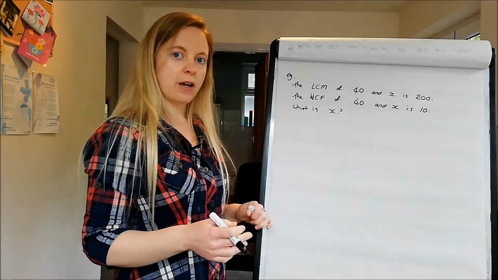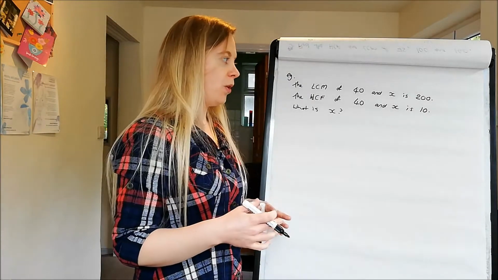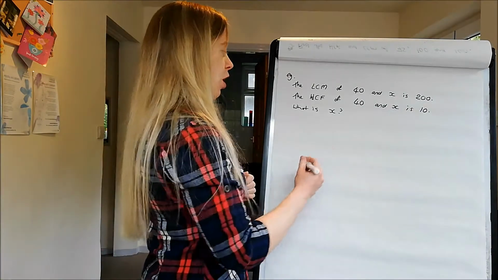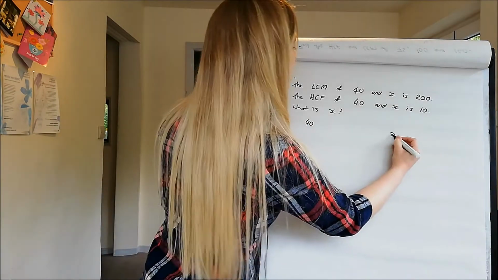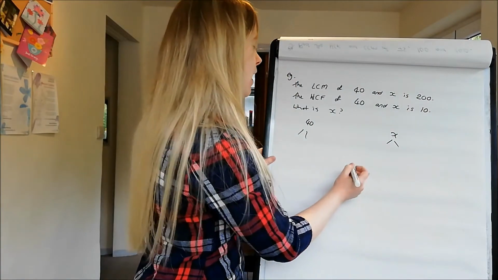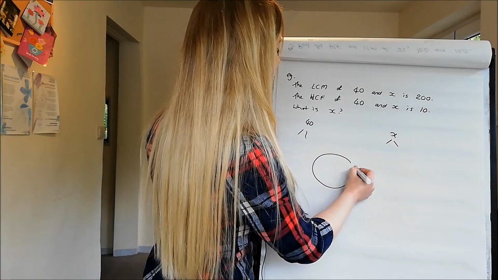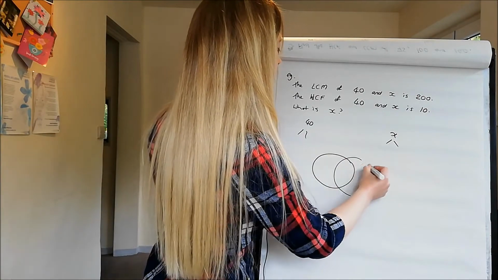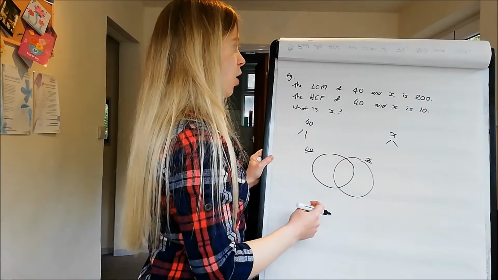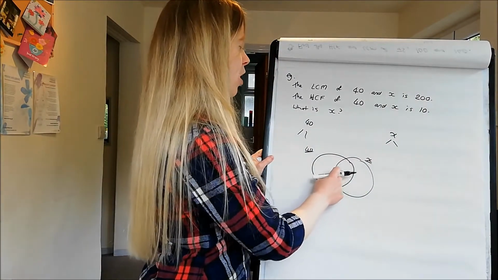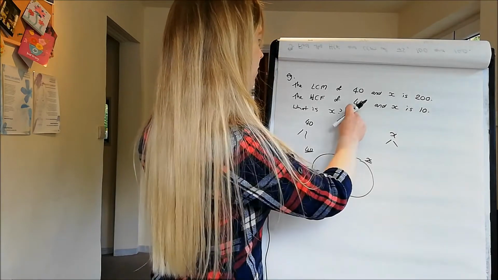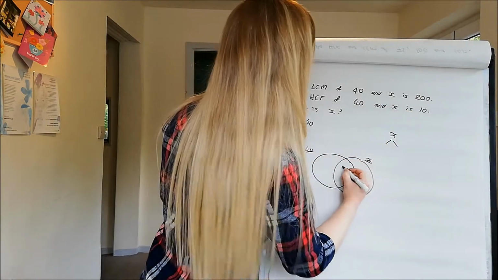Now, if we think about what we do in a normal highest common factor, lowest common multiple scenario, we draw factor trees. So we'd have a factor tree for 40 and we'd have a factor tree for x. And then we would draw a Venn diagram. And in the Venn diagram for 40 and x, we would end up with the highest common factor. So the highest common factor of 40 and x is 10.